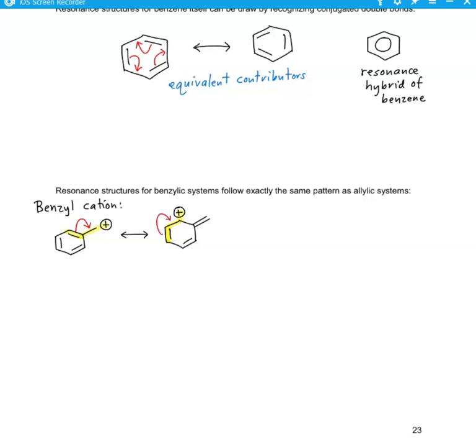And so we're just going to repeat the move. And that gets us to this structure. And we have another allyl cation. So we just keep repeating this pattern.